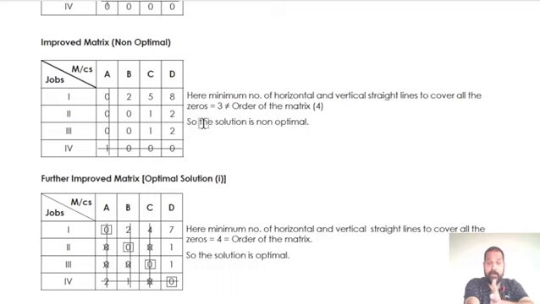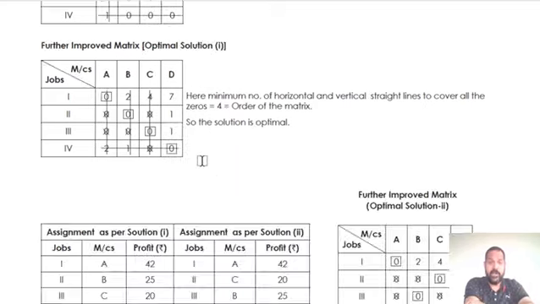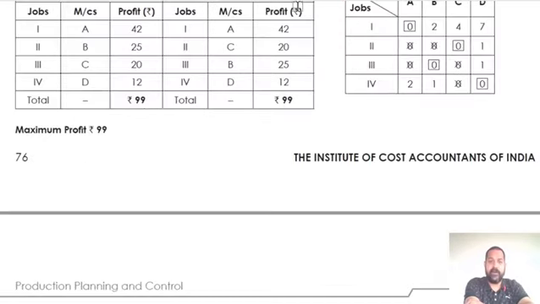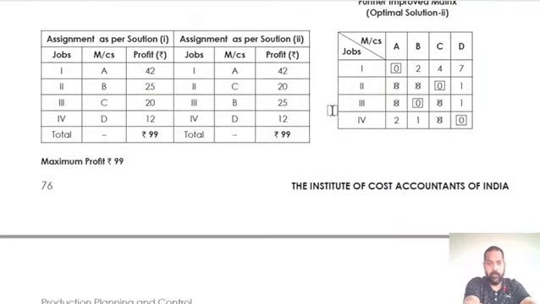I don't think they got the answer in the first go, but it's difficult to judge. And then they have created a solution. If you notice, they have created 2 solutions, so maybe it's a multiple optimal solution question with 2 solutions. But either way, the final answer is a maximum of ₹99 profit.